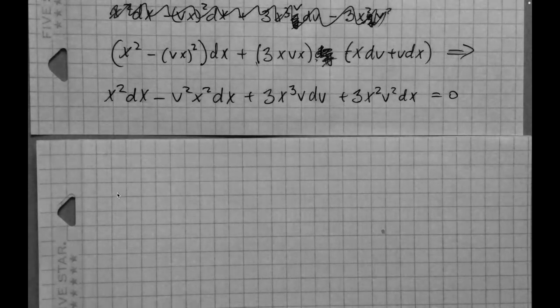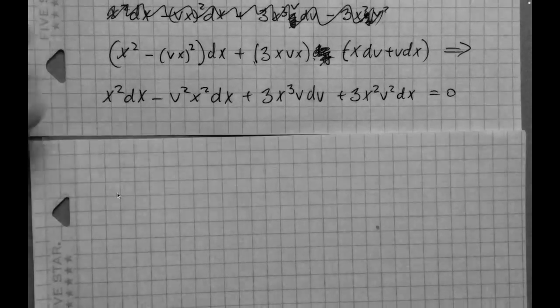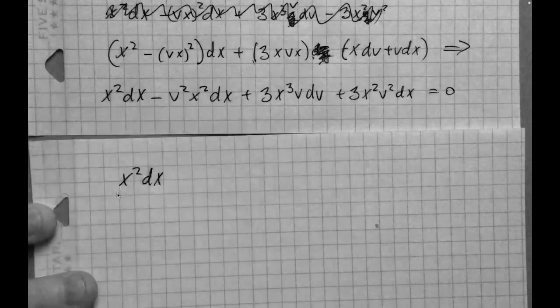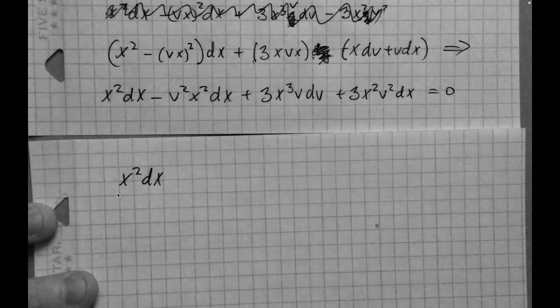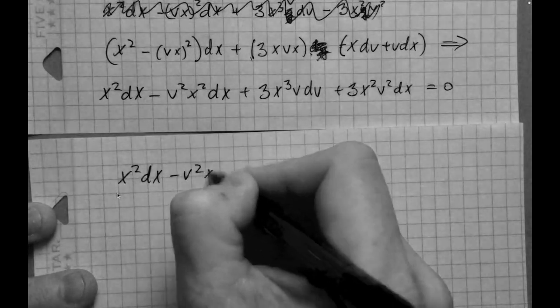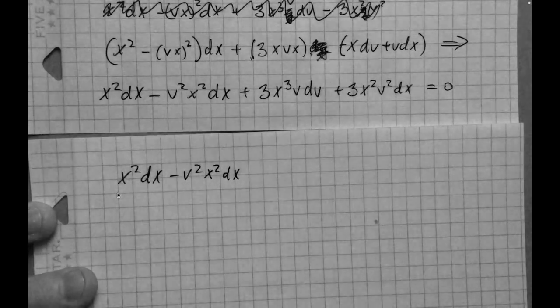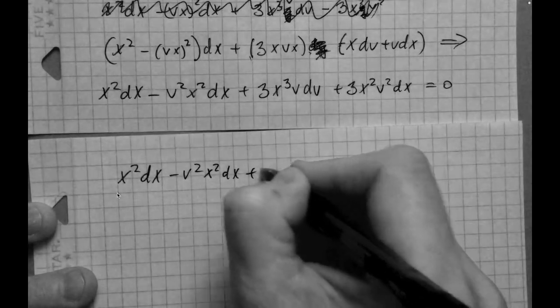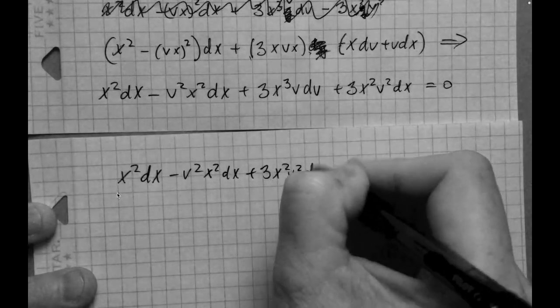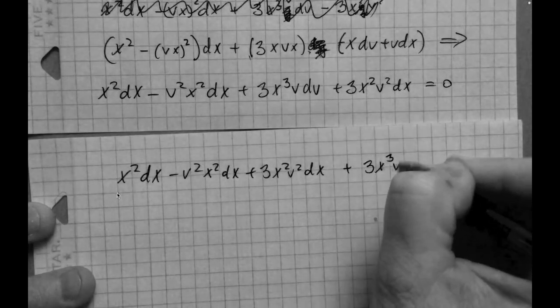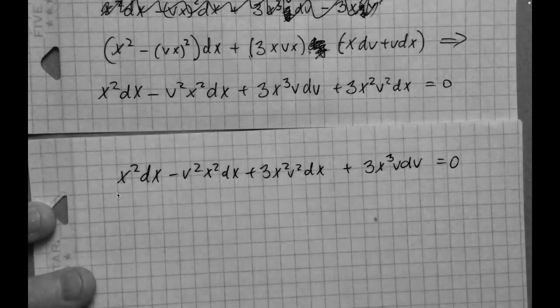Okay. So now we want to do some grouping. So we're going to group some of these terms together. I'm going to take the x squared dx, and then I'm going to take the v squared x squared dx, this next one, and then I want to take the last term, plus 3x squared v squared dx. Why am I doing that?